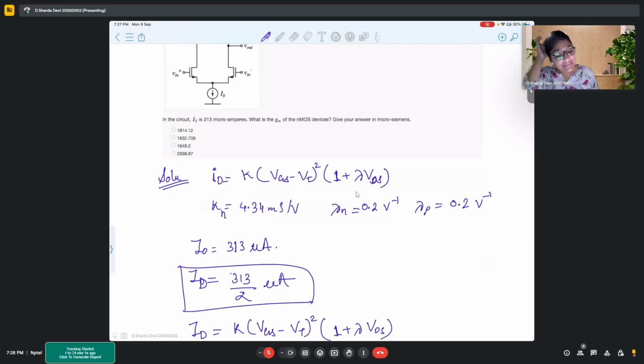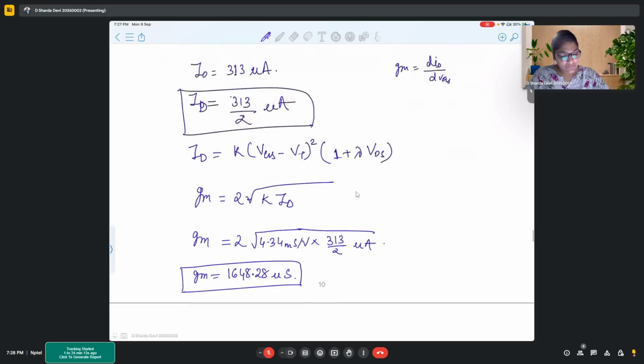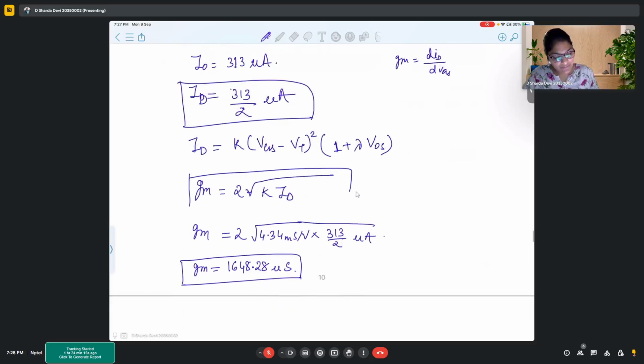In this particular case, solving this problem from that approach, that is gm equal to dID upon dVGS, would be very tricky. So rather than that, we used the formula directly that we have seen in the last problem.